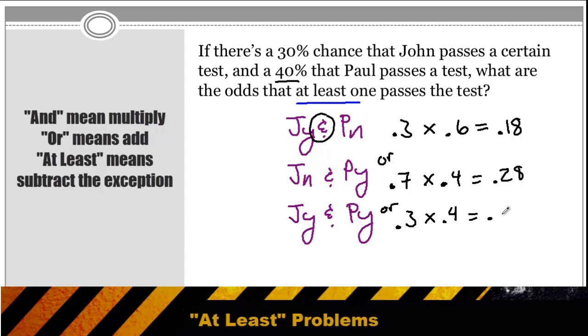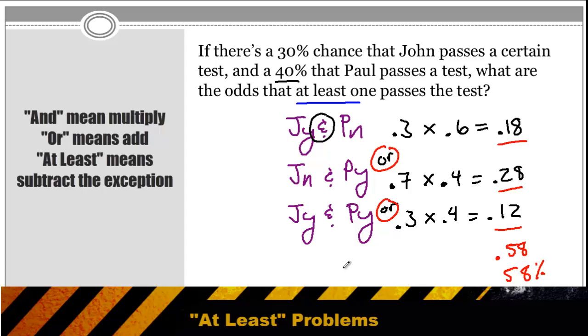So we get a 12% chance that both John and Paul pass. And then since I use the word "or" between my different probabilities, I'm going to add my separate outcomes. So 18 plus 28 plus 12, and I get 0.58, or a 58% chance that at least one passes.